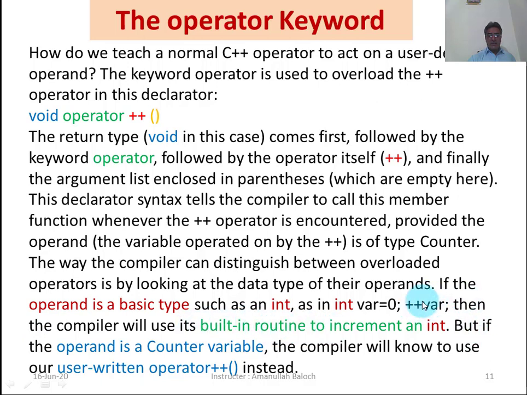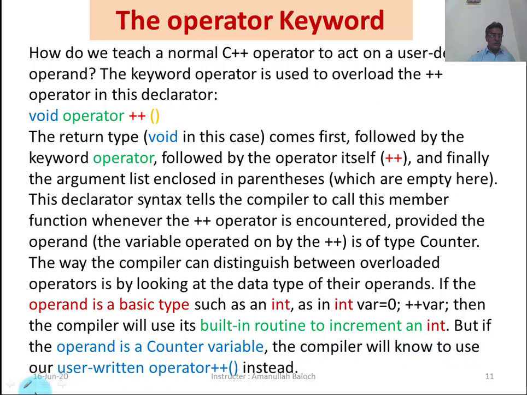At this stage, the computer will call the built-in routine to increment an integer variable. There is a function in the library of the computer, and at this stage the computer will call that library function.